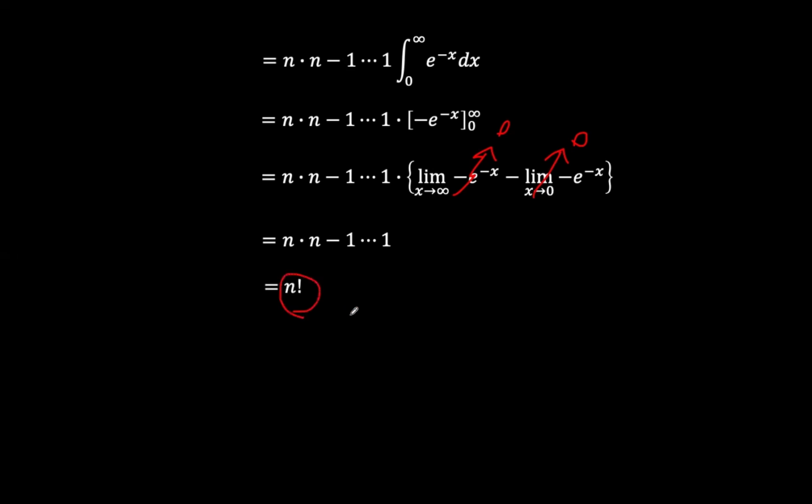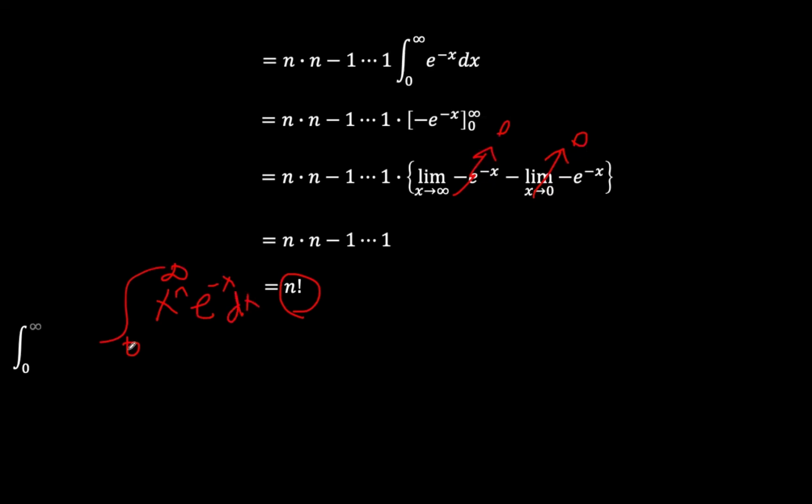So what this tells us is that the integral from x equals 0 to x tending to infinity of x to the power n times e to the power negative x is n factorial.